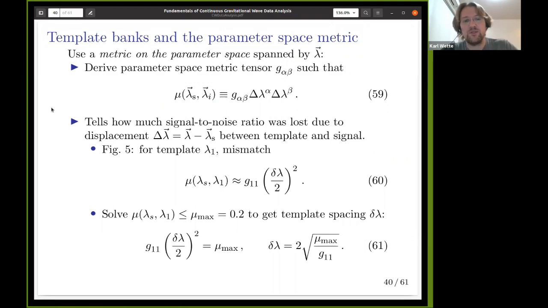So in equation 59, the metric here is some tensor G alpha beta. If we have some differences delta lambda between our template and our signal, we work out the right-hand side of that equation, and that gives us the mismatch. And there I've given you an example of how we'd work out these template spacings for that little example. So this is a really useful tool.